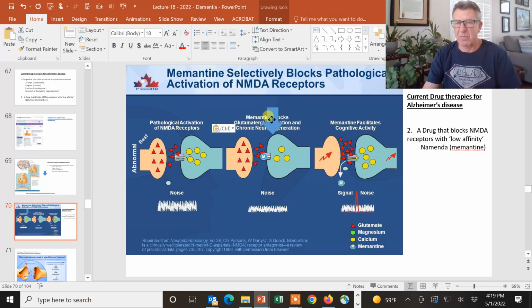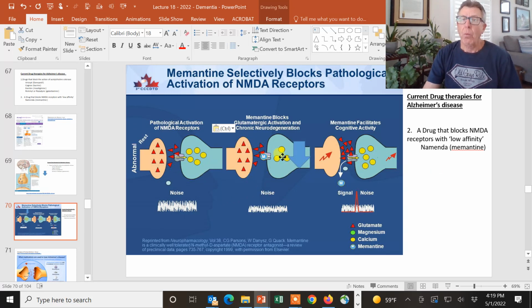Also called Namenda. And so the key being low affinity is that when you're just having this abnormal background release of glutamate, that could be the underlying cause of Alzheimer's, just like it is possibly the underlying cause in amyotrophic lateral sclerosis, you're going to get rid of the noise, okay?